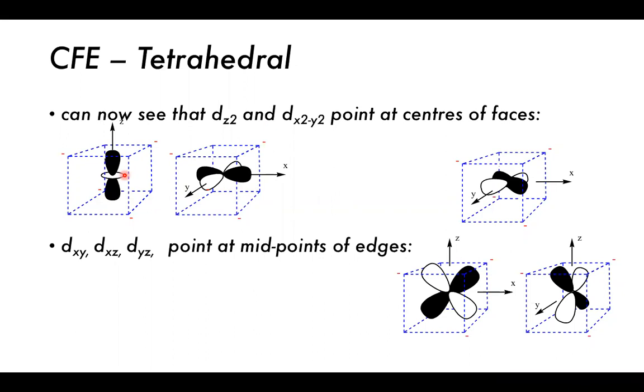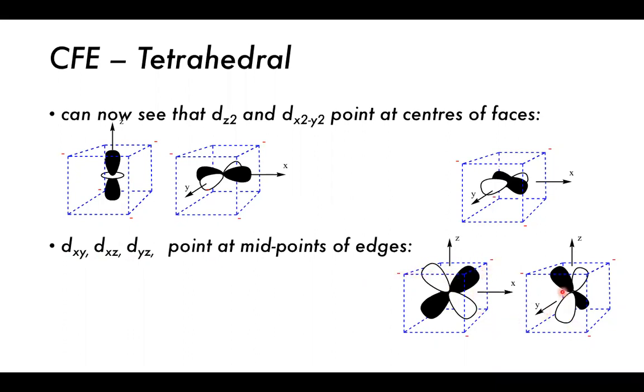They point between the ligands, which means that they become more stabilized, and the dxy, dxz, and dyz now point and have a little bit of repulsion with the ligand. So you can see that this orbital repels here, and this one repels here.